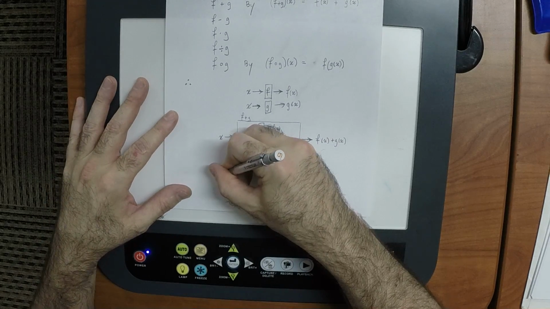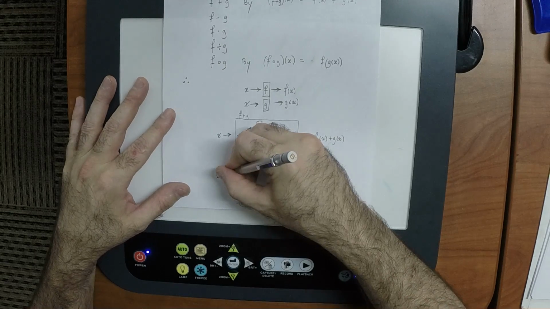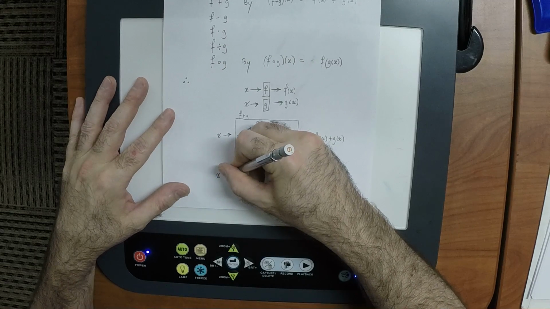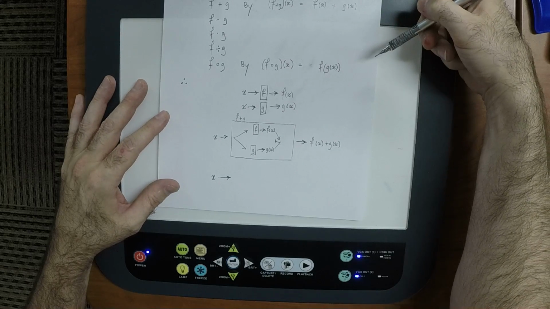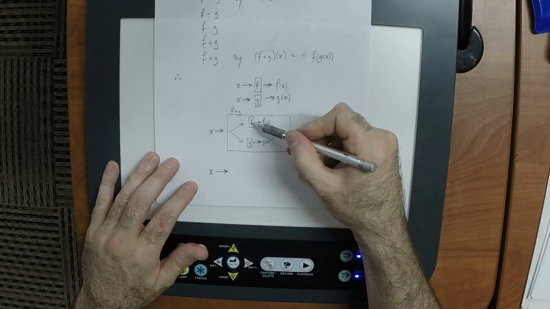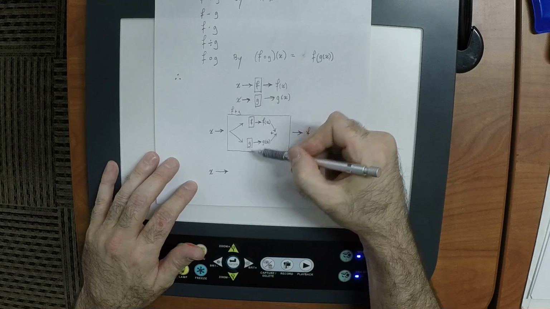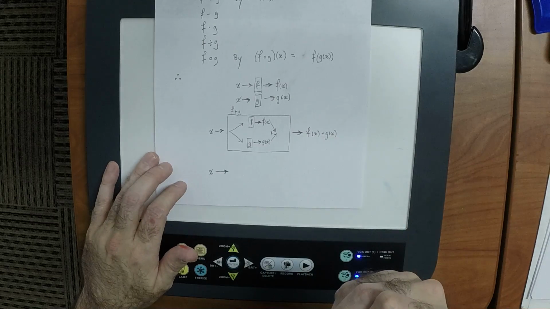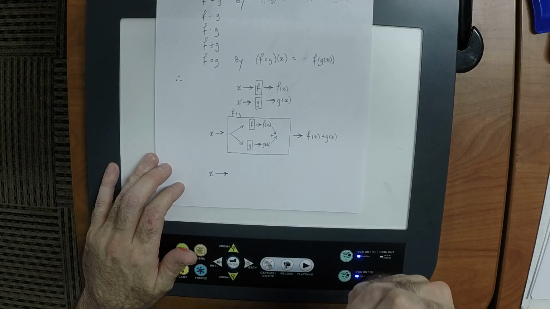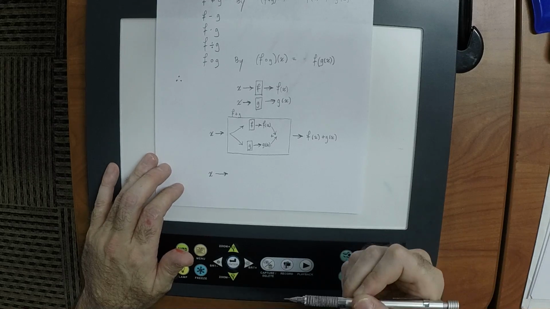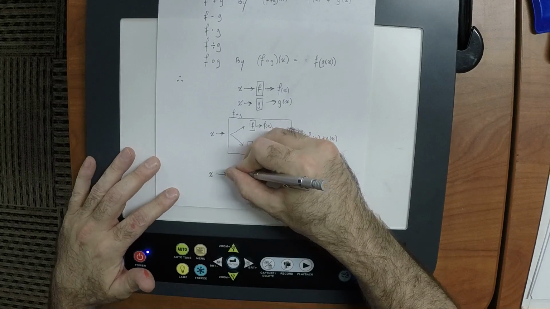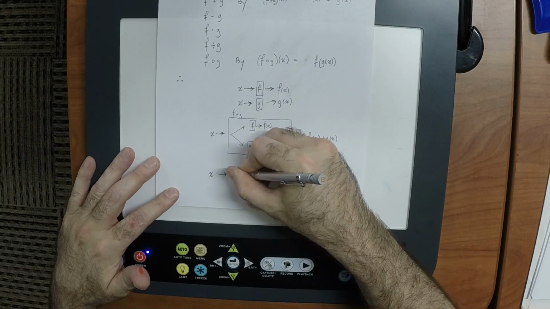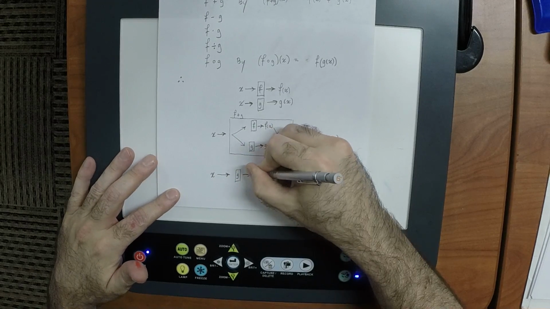Concerning composition, it looks like this. You take the x, and we're still going to visit the f machine and the g machine, but which one's going to be visited first? The g machine is visited first. So it goes into the g machine, and out comes g of x.